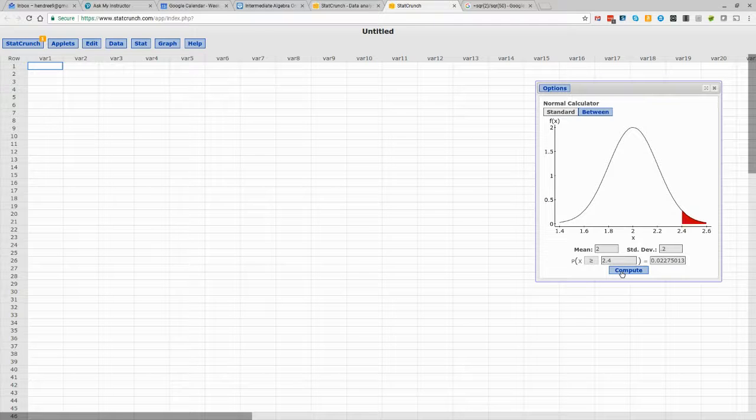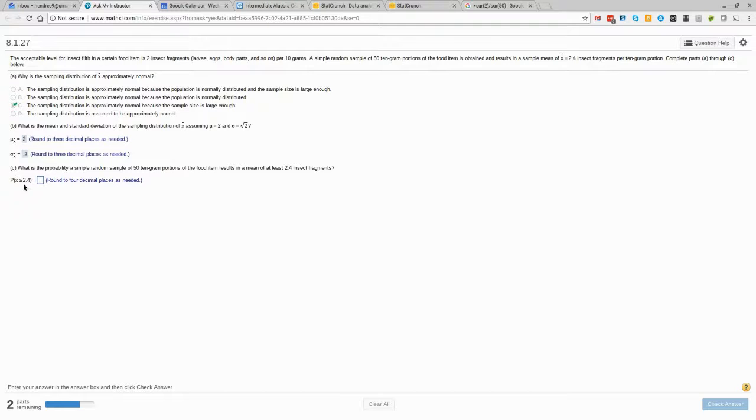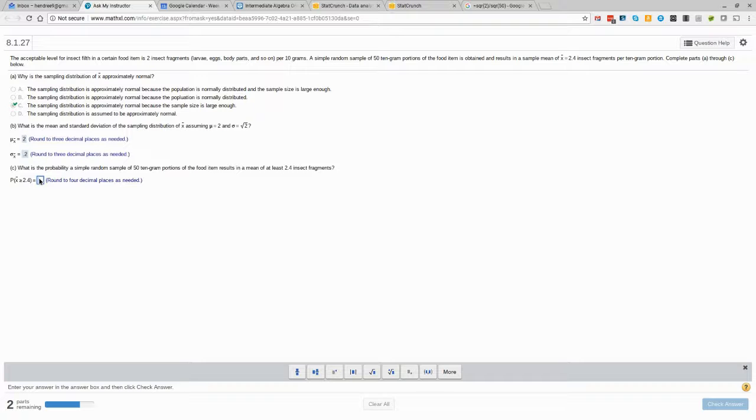And so, yeah, that's pretty low. That's about 2%. I'm not sure how many places they want us to round to. Looks like 4. Okay.